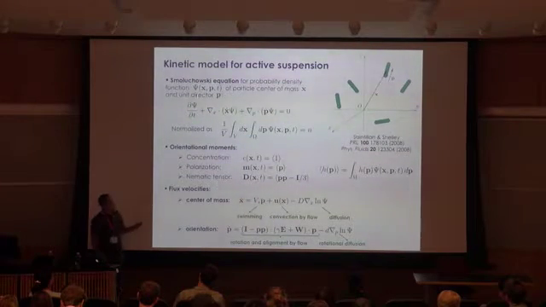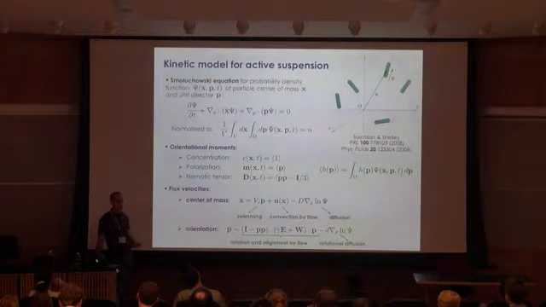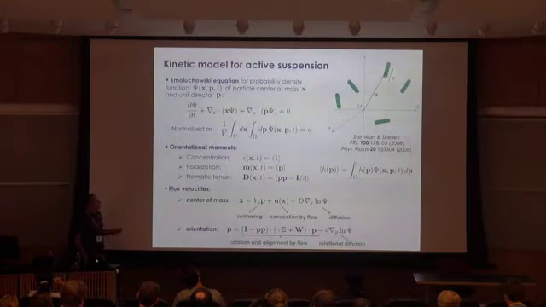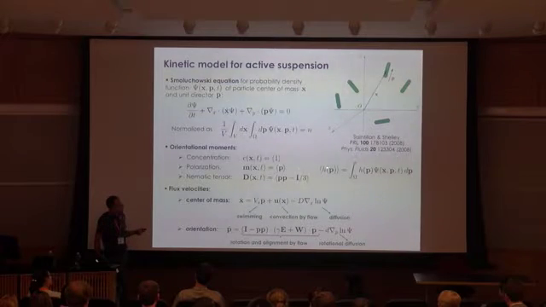This distribution function lives in a high-dimensional space. It has 5 degrees of freedom: x, y, z, plus 2 angles for the parametrization of p, in addition to time. So it's sometimes more useful to think in terms of its moments, which is what I'm defining here. Here the brackets are an average over orientations.